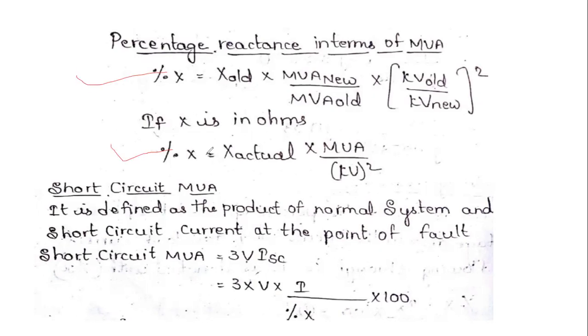After calculating the percentage reactance, we can easily calculate the short circuit currents. Next we write down the formula for short circuit MVA.